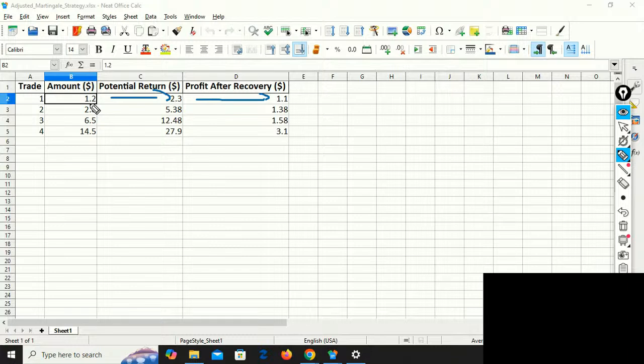If you lost and move to the second trade, your return is 5.38, which means you recovered the previous loss plus this amount of profit, and so on. At the fourth trade, if you lost the first three, this is your return, and this is your net profit after recovery of the past three losses. So this is the cycle for now.